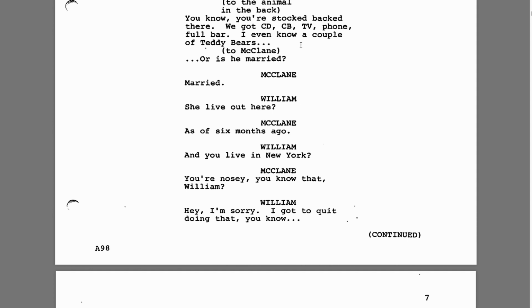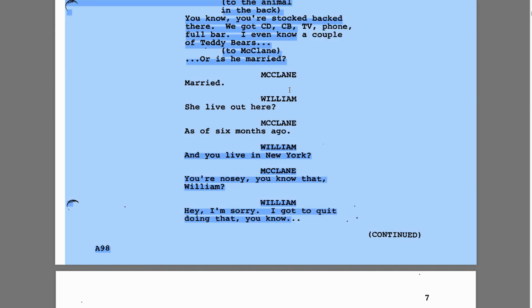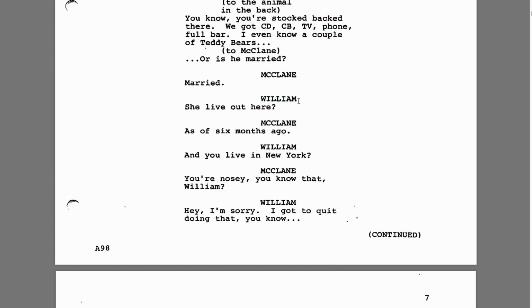But it totally makes sense because his character is someone who wants to investigate, wants to find out more, whereas McClane is very closed off and does not want to give up more information. But because of this, we get to reveal information about McClane, information about William, and also what their characters are like, personality-wise.